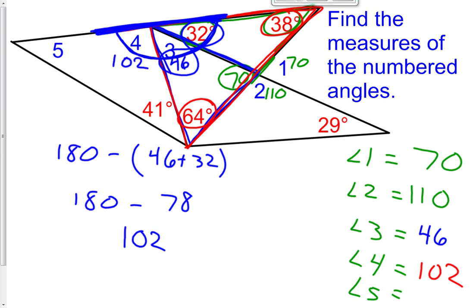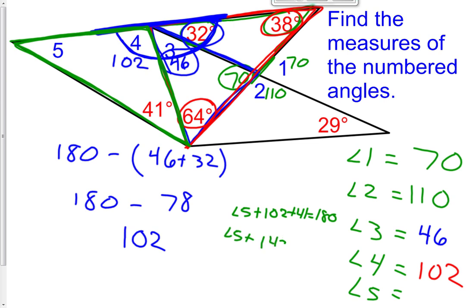All right, almost done with this problem. Now, I would say it's hopefully clear that this is a triangle, this green triangle that I just sketched out right here. And these three angles have to add up to equal 180 degrees. So angle 5 plus the 102 plus the 41, when you add those three, it has to equal 180 degrees. So angle 5 plus 143 has to equal 180.